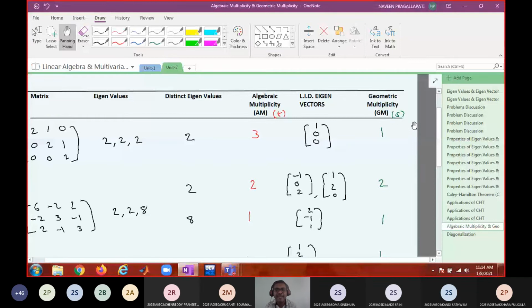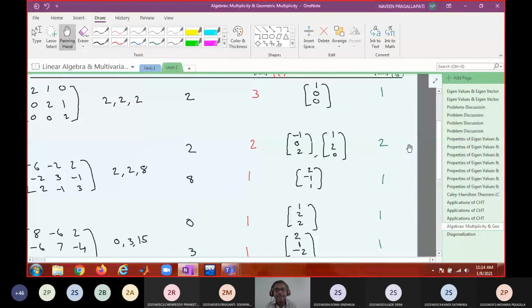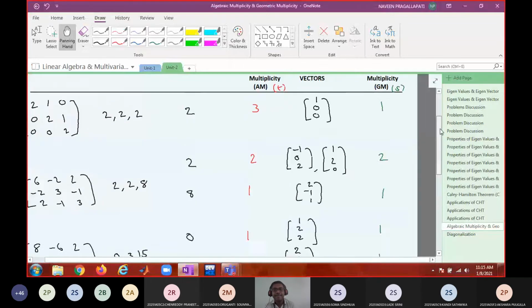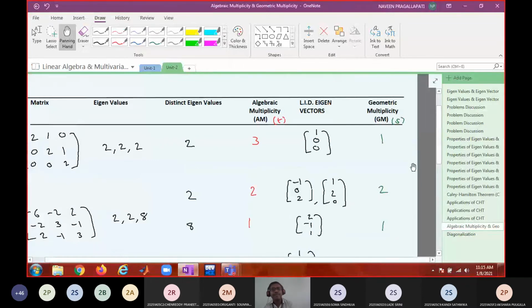How many for the first matrix? 1. Second matrix? 2 plus 1? 3. For the third matrix, 1 plus 1 plus 1? 3. After writing that column, you add one more column and put your comment on diagonalization.